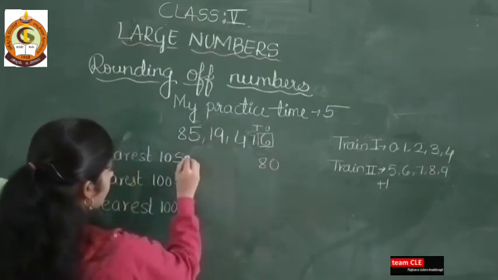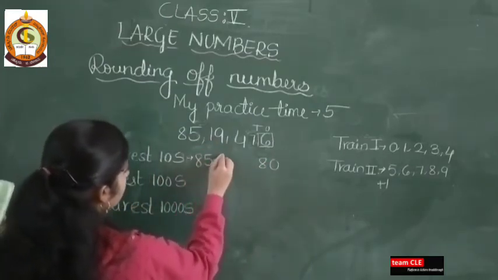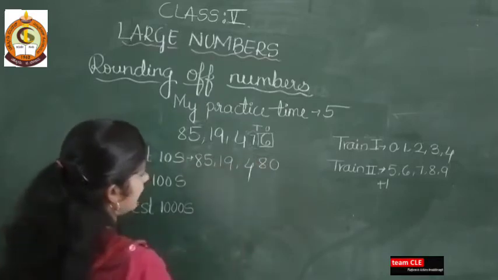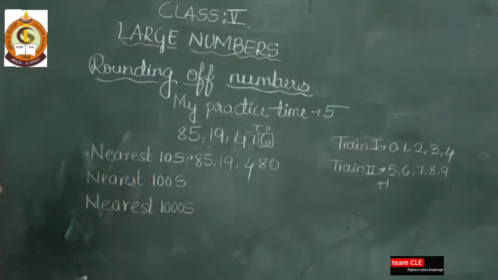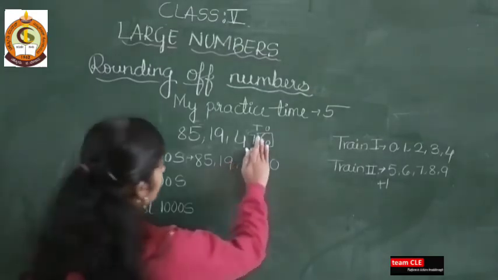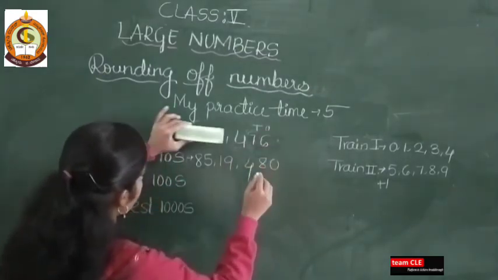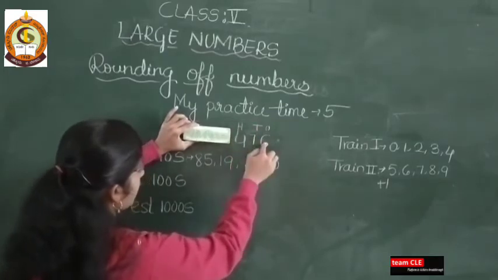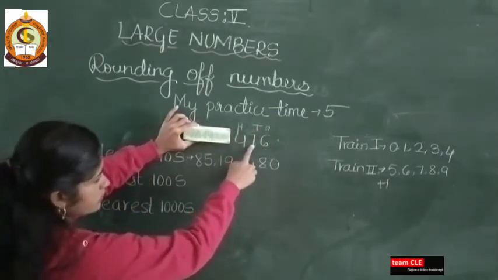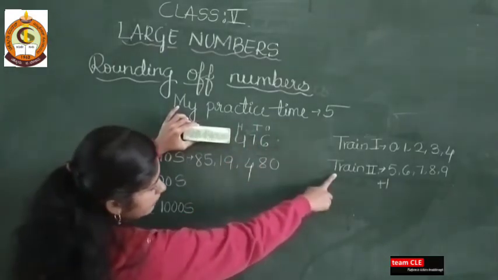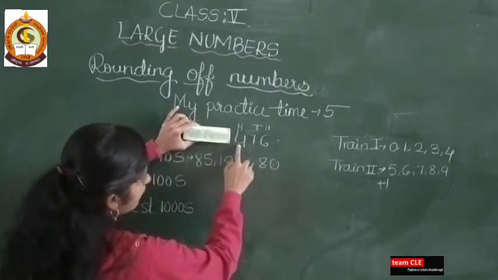So the remaining digits you have to write: 85 lakh 19,480. Okay. Next here, nearest to hundreds. Nearest to hundreds means you have to see the tens place. Again it comes in train number 2, then you need to add 1 here.